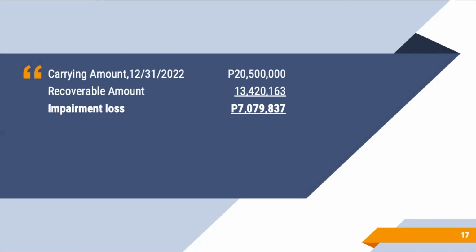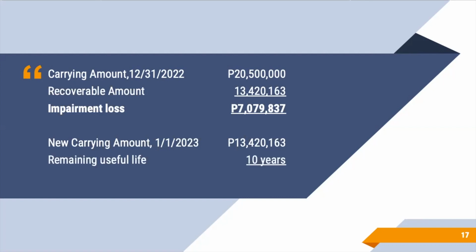Okay? So the question now is, how much will be the depreciation for 2023? Since we recognized an impairment loss of 7,079,837, the carrying amount sa start ng 2023 is not 20,500,000. Kundi, kung i-minus natin yung 7 million, kasi diba, cost less accumulated depreciation, less accumulated impairment losses, the carrying amount for January 1, 2023 is already 13,420,163.